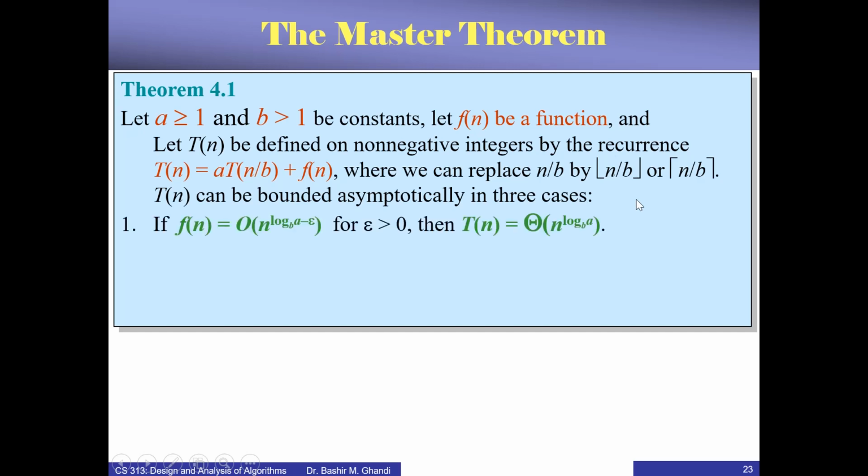Case number 1. If f(n) is O(n^(log_b a − ε)) for some positive number epsilon, then the running time T(n) is simply going to be Θ(n^(log_b a)).